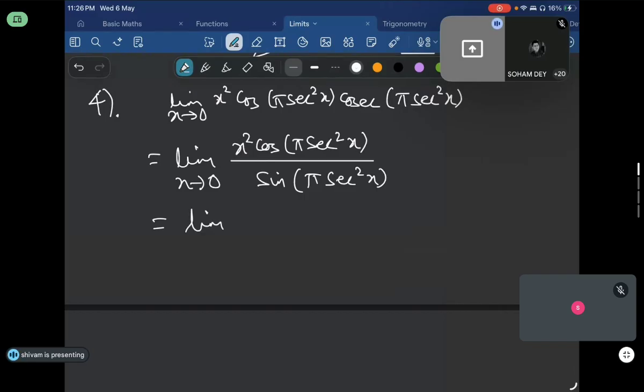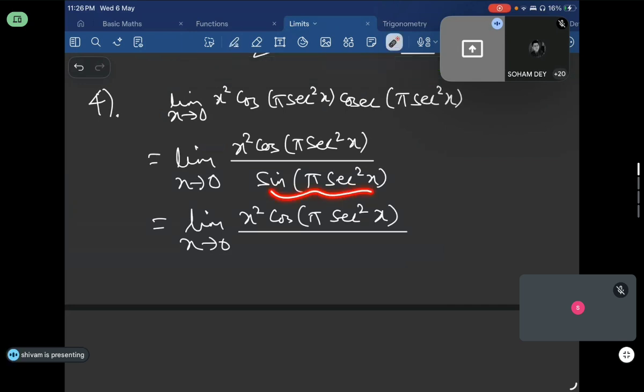Now I need to convert the denominator into standard form. Is it tending to 0? Just check. When you substitute 0 over here, you have got sine pi into 1. Okay, it is tending to 0.